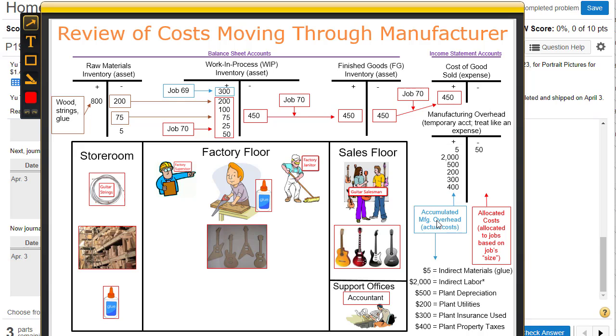The overhead is accumulated. These are the actual costs on the left side, but allocating them to jobs is on the right side. So allocating means we're lowering the overhead. We're taking part of the overhead and applying it to the job. So if you remember for job 70, we took $50 of manufacturing overhead and allocated it to work in process. So the debit account is work in process, and then we're going to lower overhead with a credit.